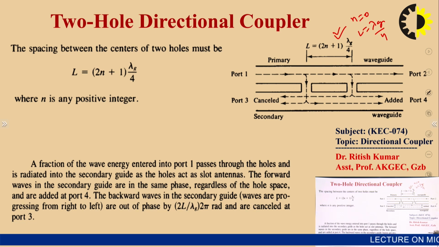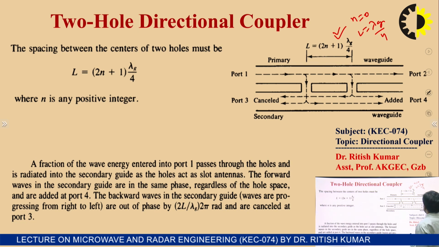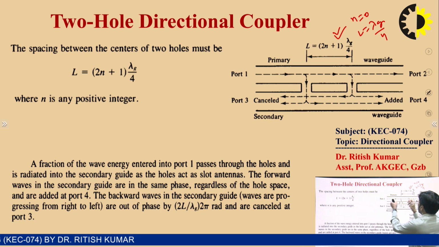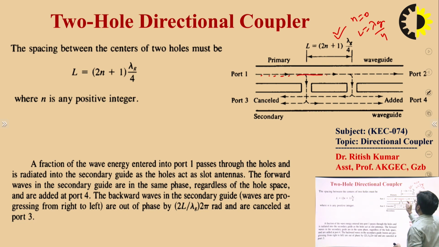So what is the logic? If you apply the input at port number 1, then you will get power at port number 2, port number 3 and port number 4 simultaneously, right? Suppose I consider the received power at port number 4. How can you get power at port number 4? There are two ways to travel: the first path is this one, and the second path is this one.